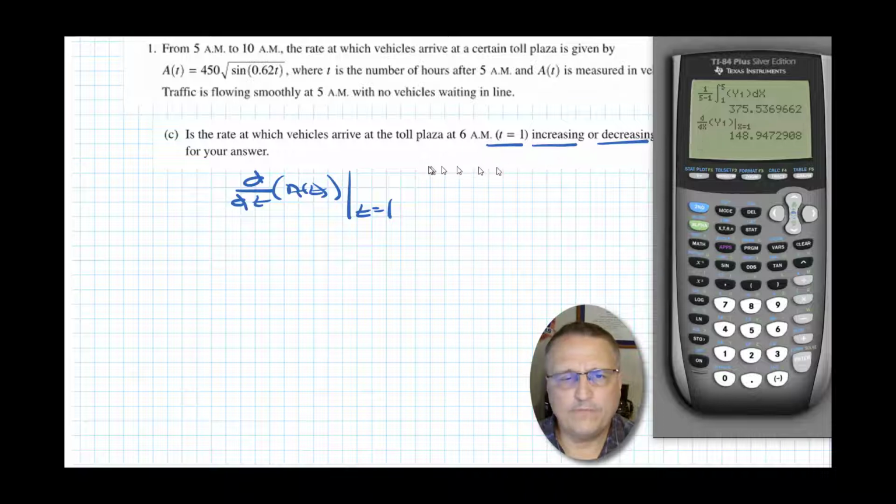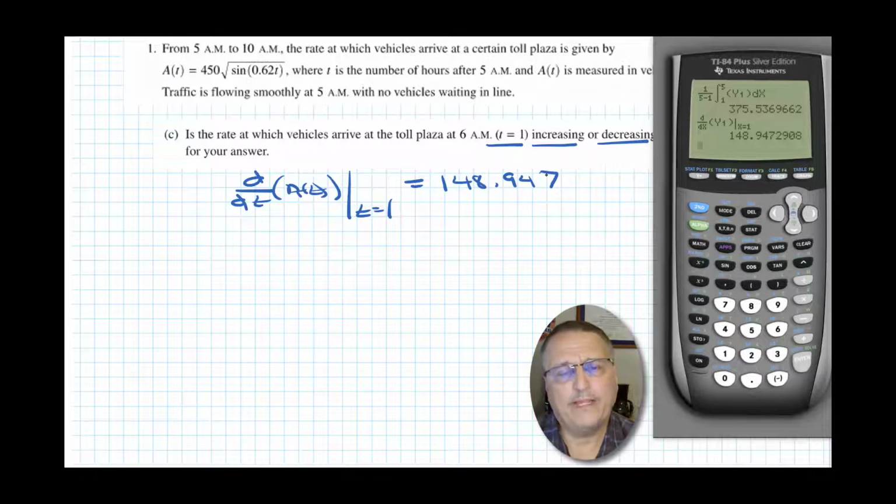And there's our answer, 148.947, and we're really not interested in the number itself to answer this question. We just want to see that it is a positive value. That would mean that the rate at which the vehicles are arriving is increasing at t equals 1.